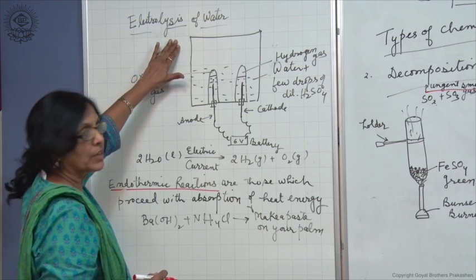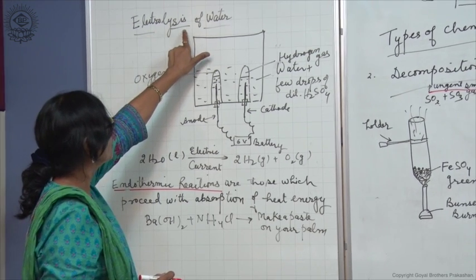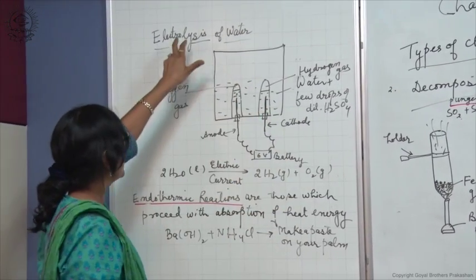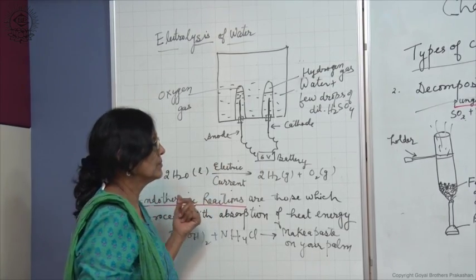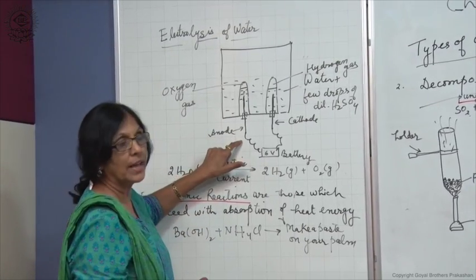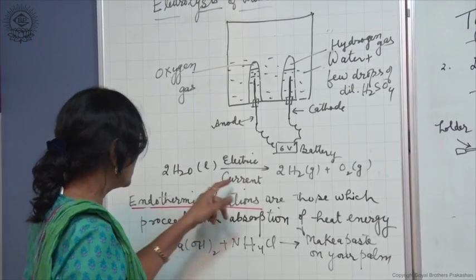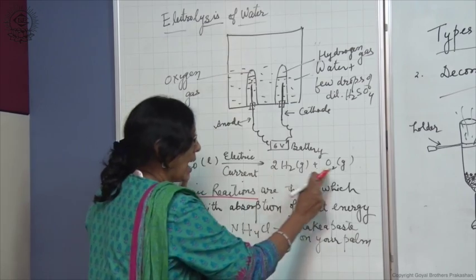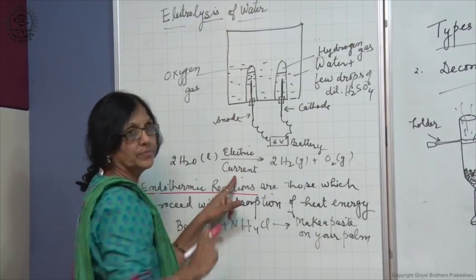One more example of decomposition reaction can be done in the form of electrolysis of water. Here energy is supplied in the form of electric current. Here also energy has to be absorbed, then only the reaction occurs. Water here will break into hydrogen and oxygen when electric current is passed through water.